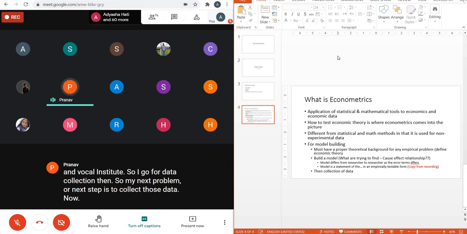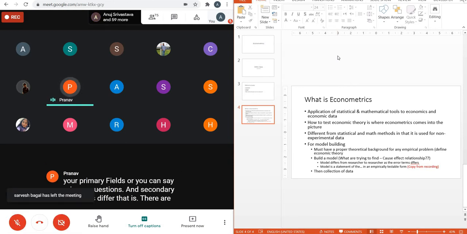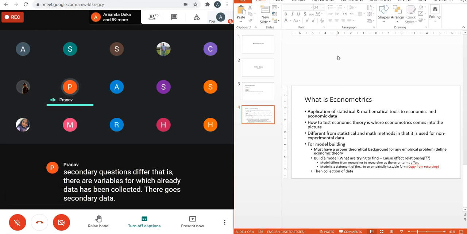Now, अब यहीं पे this collection of data process में your primary fields or you can say primary questions and secondary questions differ. That is, there are variables for which already data has been collected. They are called secondary data. But there are so many other variables for which you find no data available online or at any resource or at any sources.